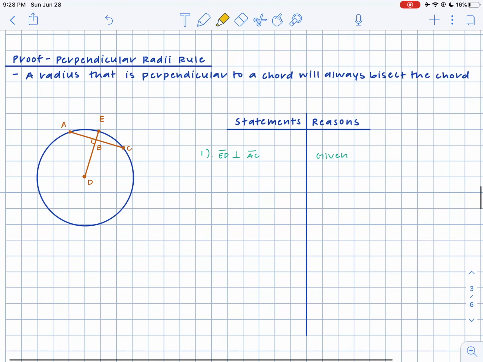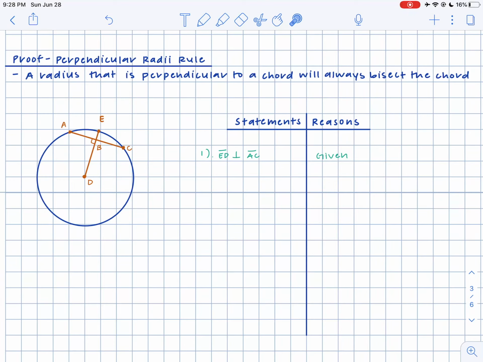So let's get into the proof of the perpendicular radii rule, okay? I'm going to choose a different color. So based on the figure, actually, let's back up. So let me remind you of what the perpendicular radii rule is. Remember, it states that a radius that is perpendicular to a chord will always bisect the chord. So when we're doing a proof, for this proof, we want to prove the last part.